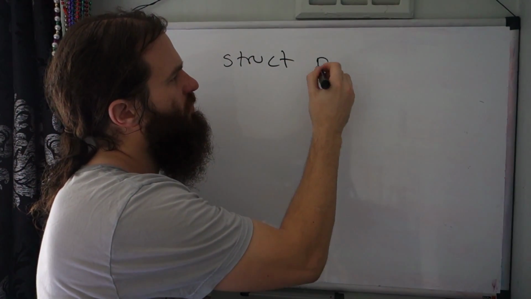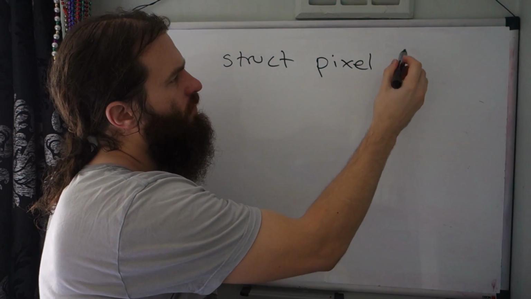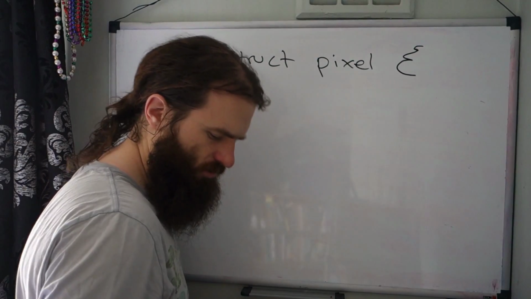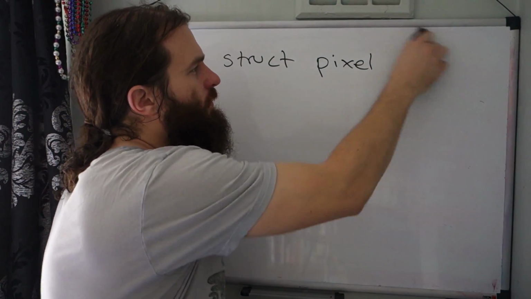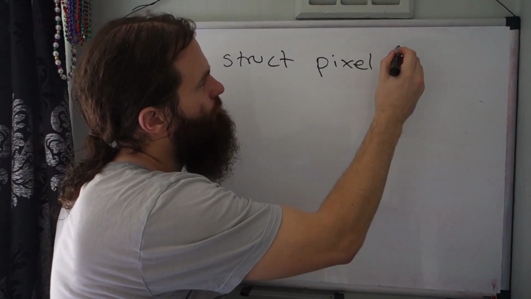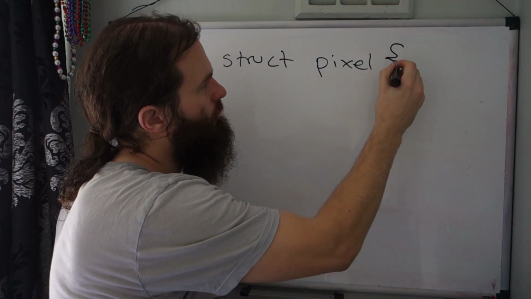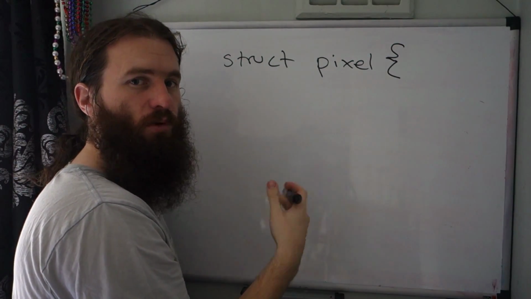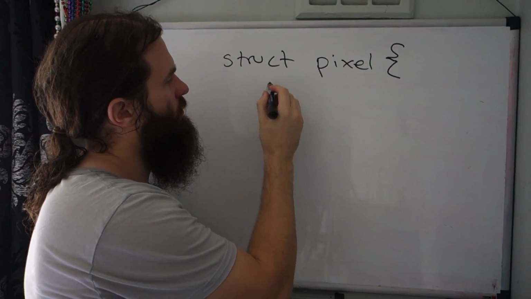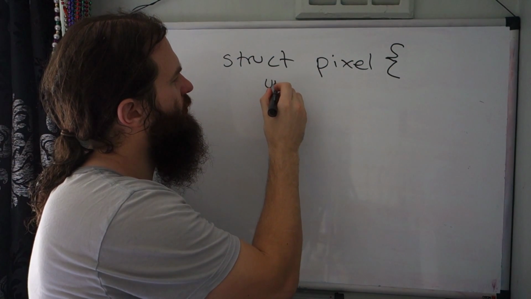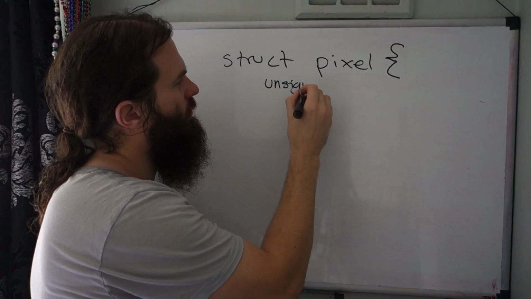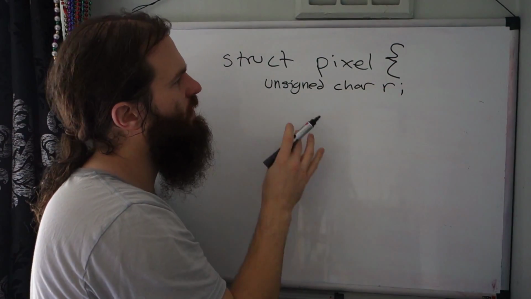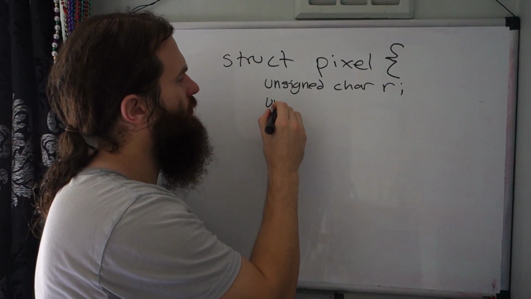So say we had pixel, then we open a curly brace, and then we just declare all of the variables that we want to encapsulate within our structure. So we'd have unsigned char R, and then we put a semicolon. After each variable we put a semicolon.